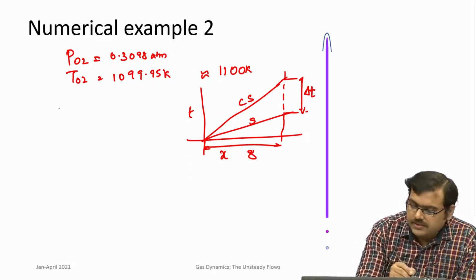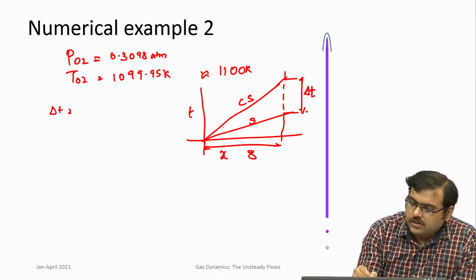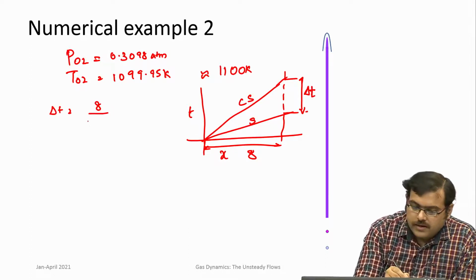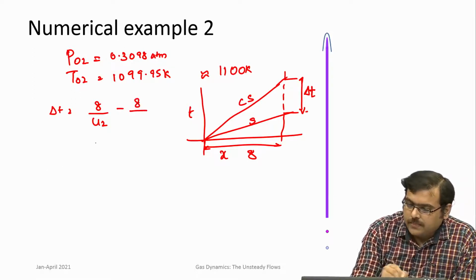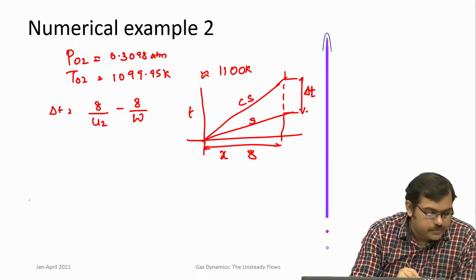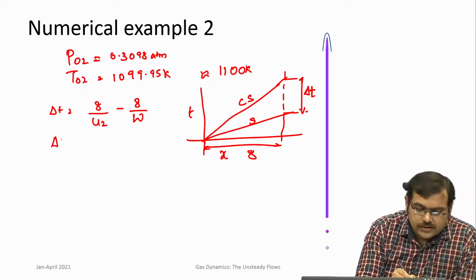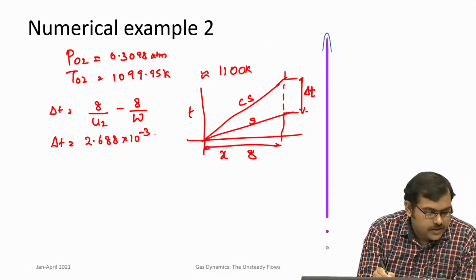For the same distance, what is delta t? The contact surface takes the time 8 divided by U2, the speed of the contact surface, minus the time for the shock, 8 by W. U2 and W both are known, so you get delta t as 2.688 times 10 to the minus 3 seconds.